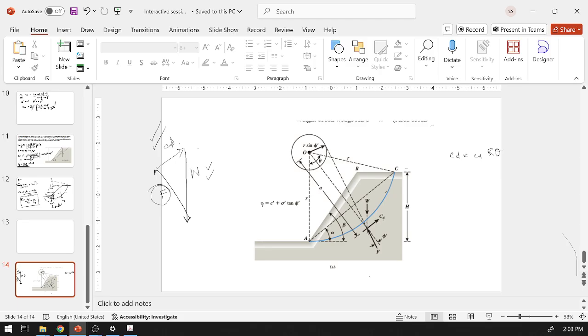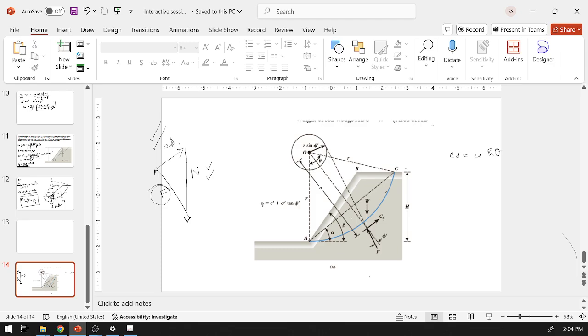So this F is the resultant of the normal and frictional forces along the surface.